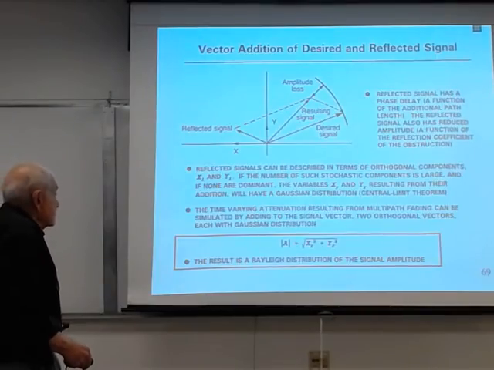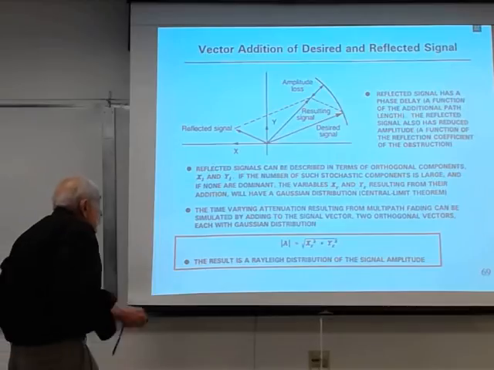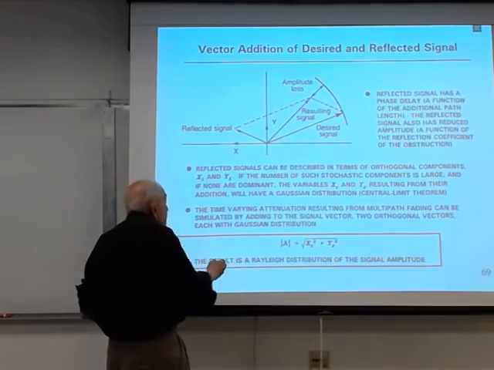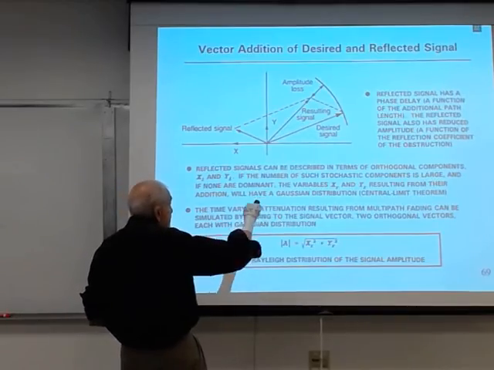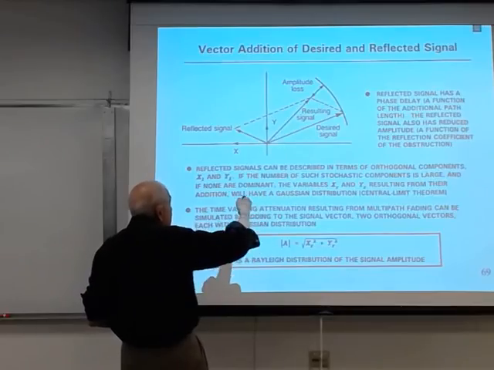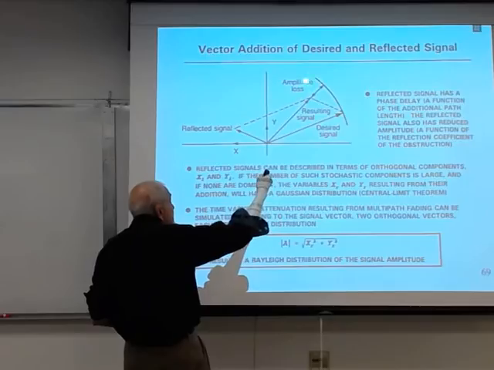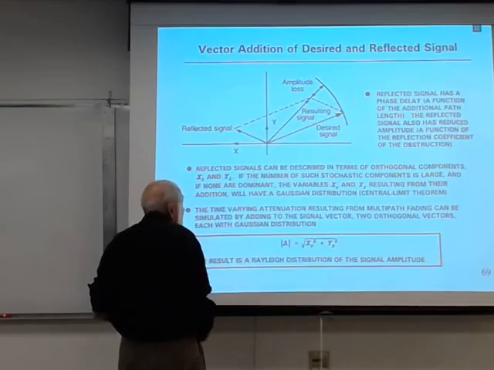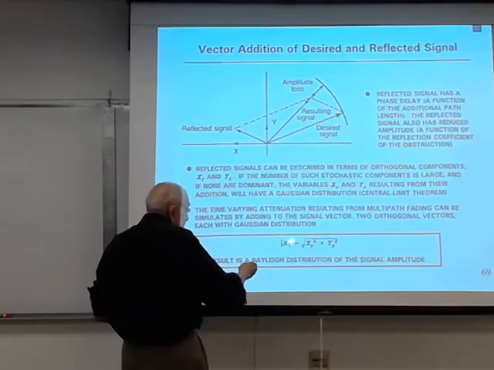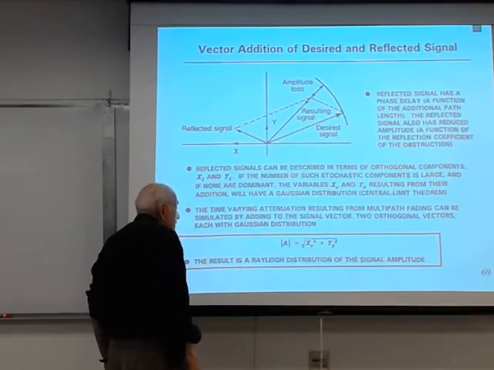And this just tells you that whenever you have a reflected signal, you can think of a desired, a reflected, and a resultant signal. It tells you there is some amplitude loss, and you can always talk about the envelope of the waveform.